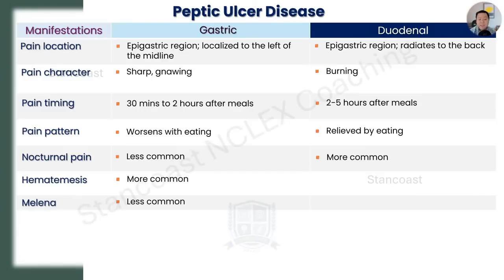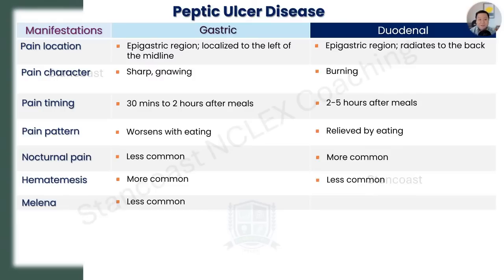Now for the nocturnal pain, this is common in duodenal ulcer. This is because acid secretion increases at night and there's less food to buffer it, leading to increasing pain when the stomach is empty. Now for hematemesis, this is less common in duodenal ulcer.